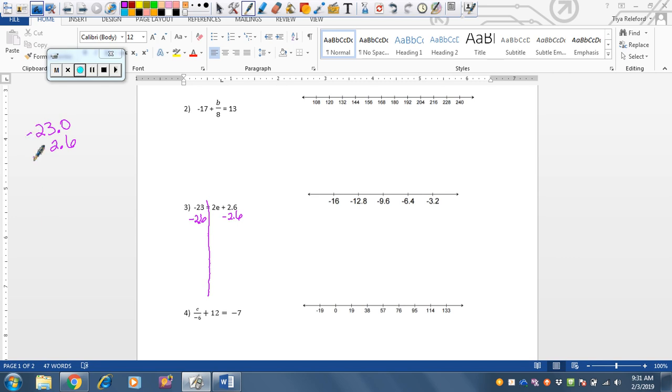These are both negative, so you're actually adding. So you have 25.6. Oh, sorry, it's more negative. Negative minus negative gives you more negative. So we have negative 25.6 equals 2e. And then you know to divide from there.